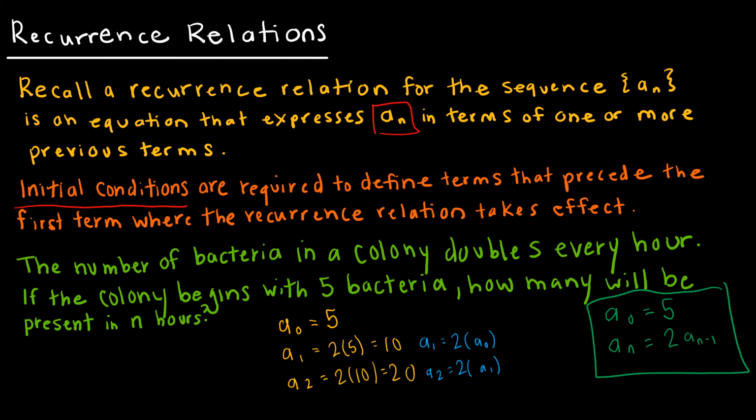So a sub n is 2 times a sub n minus 1, which means whatever happened previously, whatever happened prior to that. And again, it's best to use n here instead of using a sub n plus 1. That can get a little bit confusing. So this would be my solution for writing it as a recurrence relation.